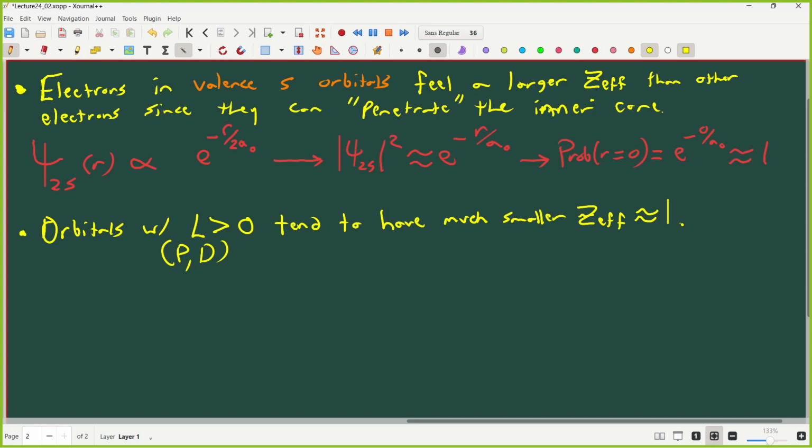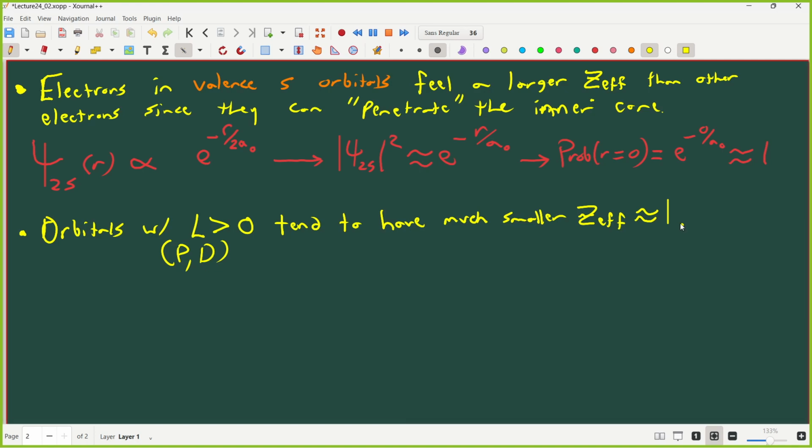And why is that? Well, what we've done with these electrons is we've started to spin them. L equals 1 means you have 1 unit of angular momentum. The idea is that the electron and the nucleus are on a tether, a weak electrostatic tether. When you start to spin that electron, you get a centrifugal force on that electron that pushes it away from the nucleus, like the force you feel when you spin.